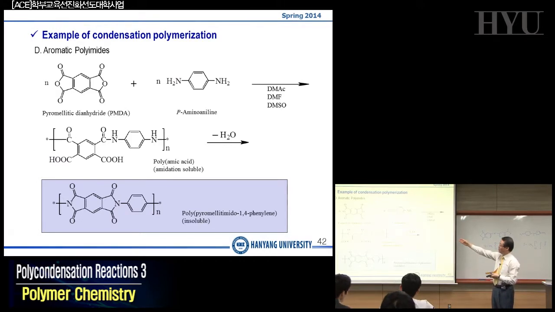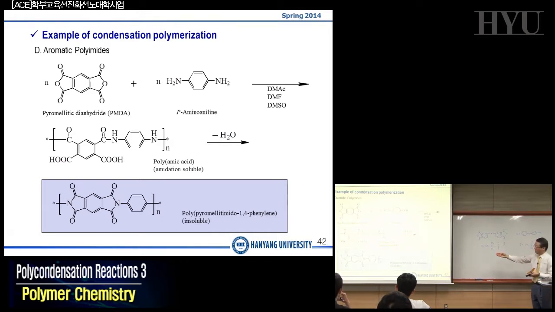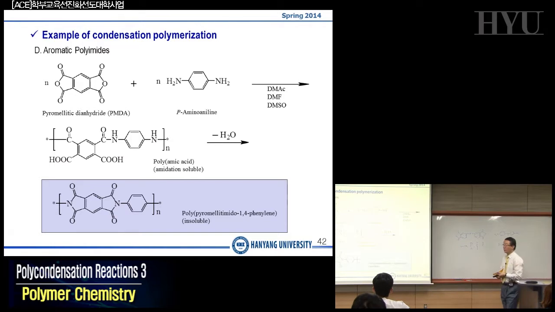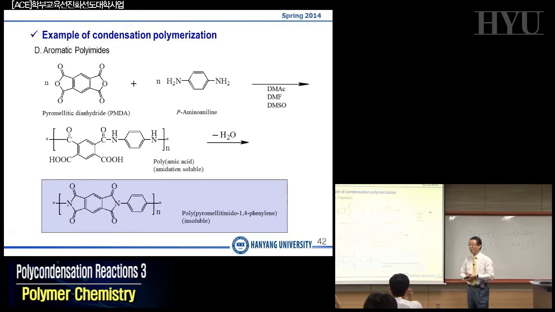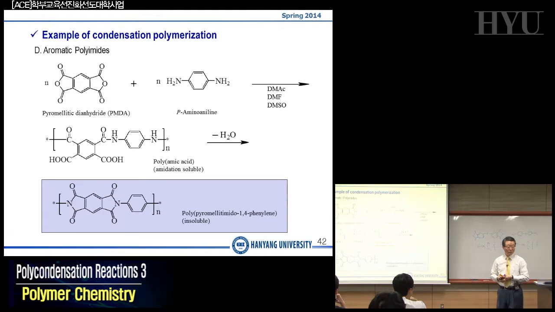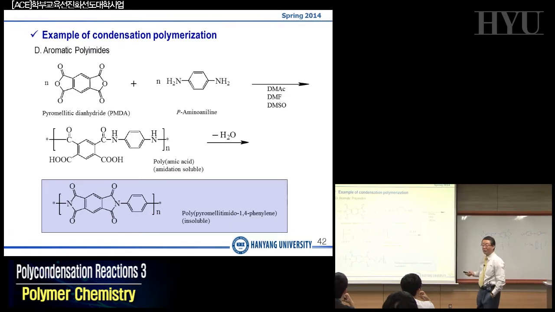Now, we have the PMDA and aniline reaction to make the insoluble polyimide, but insoluble polyimide is not very well suited to the electronic industry. This Kapton film or polyimide is widely used in the electronic industry to make passivation of your electronic devices or semiconductors. What they have done was to coat this polyamic acid on top of the silicon wafer, and there is a lot of photoresist overlaying on top of this polyimide.